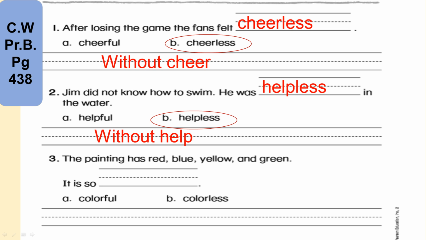There are many colors in it. Colorless means no color in it. So who can pick the correct answer, kids? Yes, excellent. It is so colorful. Sorry, here it is with one L only. Write it with one L, please. Colorful means full of color.